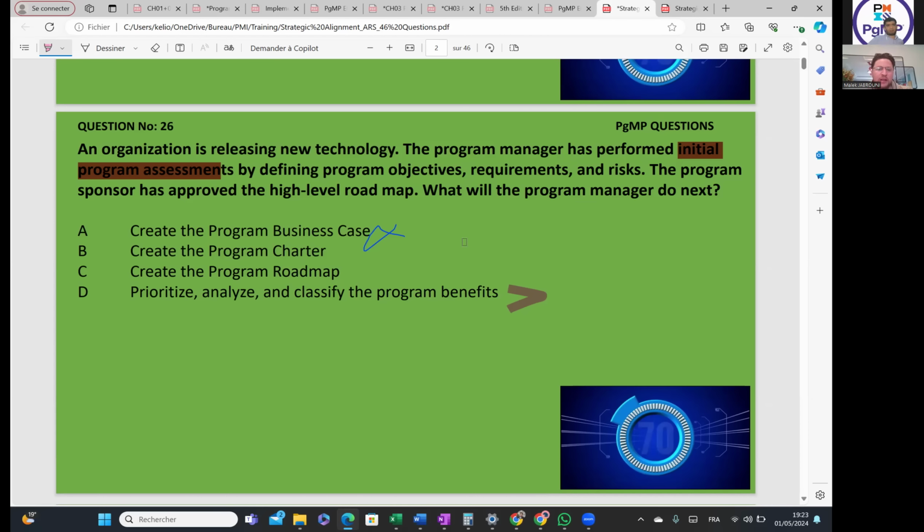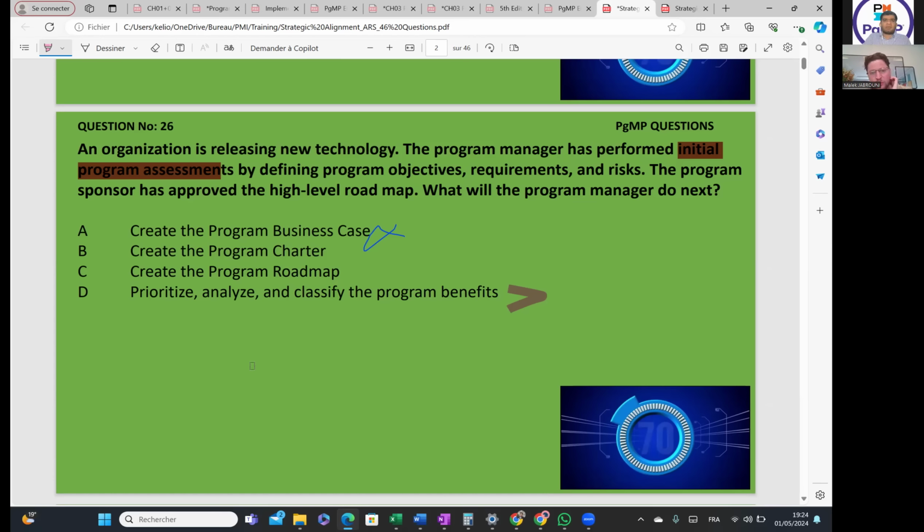I think it was a trap, because I thought it was like the program mission statement, but there is no program mission statement. So I didn't put the business case, because business case comes after the program mission statement. And for the examiner, it was the business case.